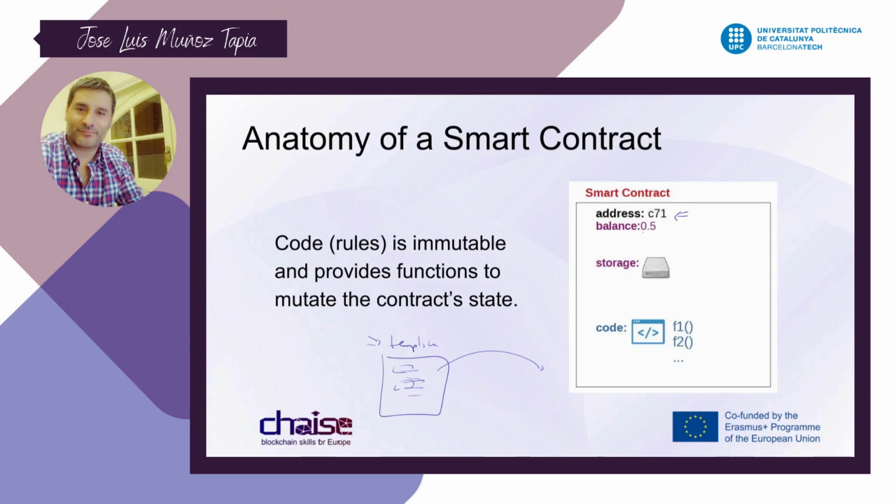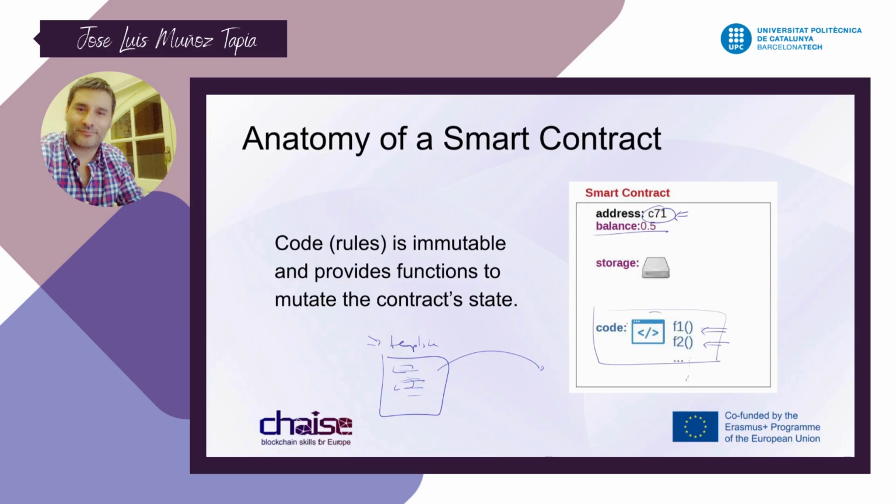When we create an instance of the smart contract, it receives an address. It also has a balance, for example, 0.5 ethers or 10 ethers or whatever. And then it has code. The code of a smart contract is a set of functions.